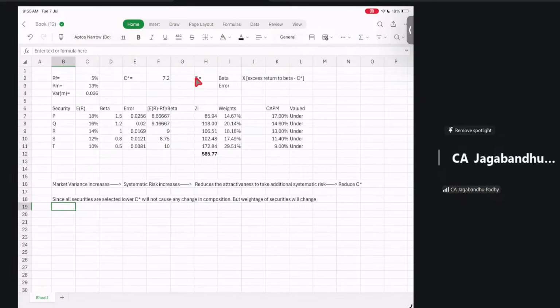So even if your cutoff value is getting reduced, there's not going to be change in the composition, but definitely the weightage is going to change, because the weightage is based on the ZI number, and ZI is getting impacted by the C star, and therefore these ZI values are going to change and weights are also going to change.